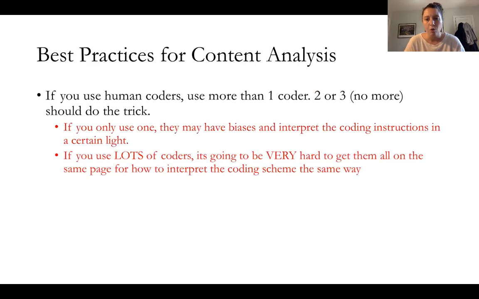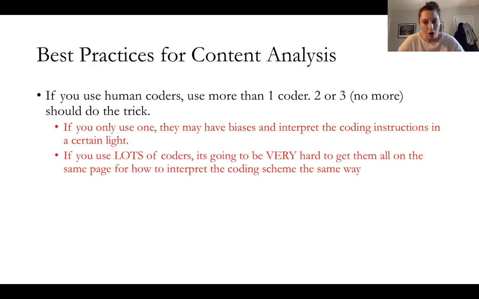But you also don't want to have lots of coders. If you have 4, 5, 6 coders, that sounds like it's good. Oh, there's lots of people doing this. But they all need to be on the same page when it comes to the coding instructions. Remember, they're all going to follow instructions for what it means to give a speech a 1 on a negativity scale or a 1 on a pessimism scale.